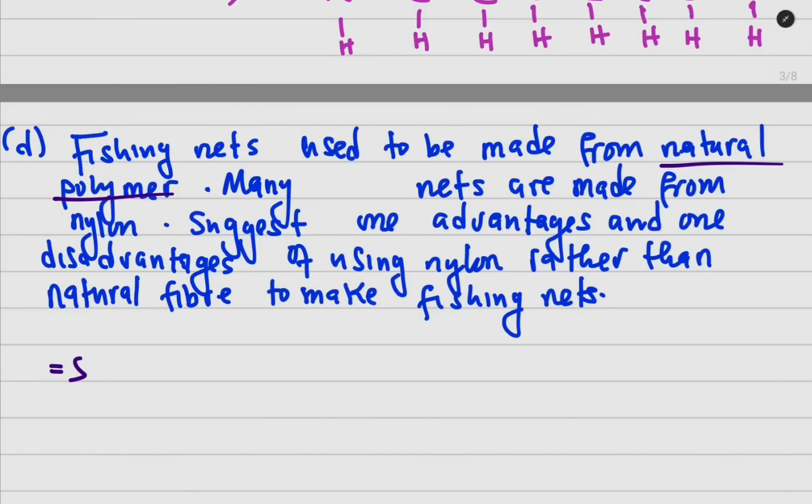Then the opposite for artificial, here nylon. You know that nylon is a condensation polymer which is synthetic. So I'm giving one advantage, that nylon has low moisture absorption.